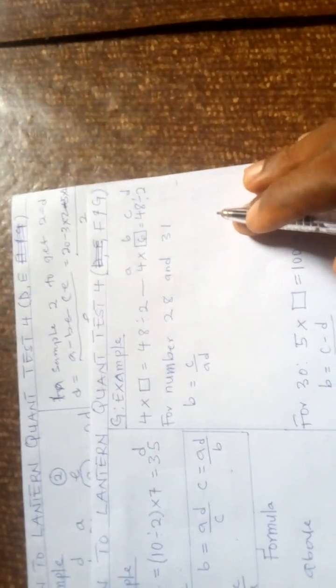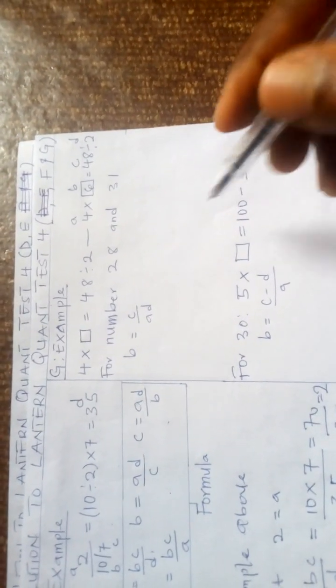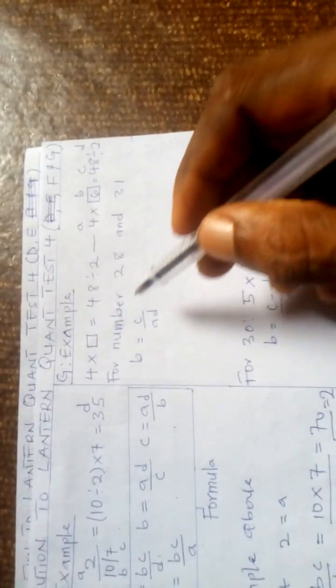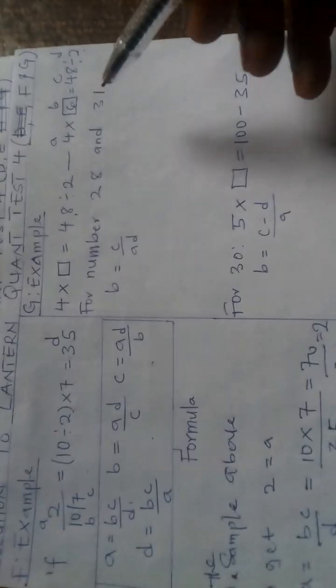Okay, we move on to the next one, which is our G. Now in the G, the samples are different. If you look at this, we have 4 times the box here, now divided by this number.